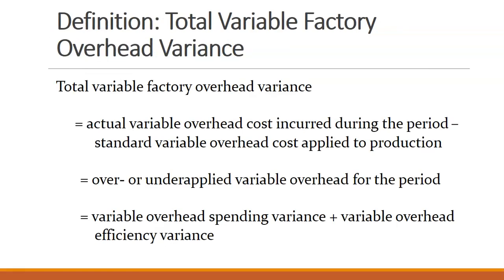So our total variable factory overhead variance is the actual variable overhead cost incurred during the period minus the overhead cost applied to production. It should equal the over or under applied variable overhead for the period. And the total variable factory overhead variance is the variable overhead spending variance plus the variable overhead efficiency variance.